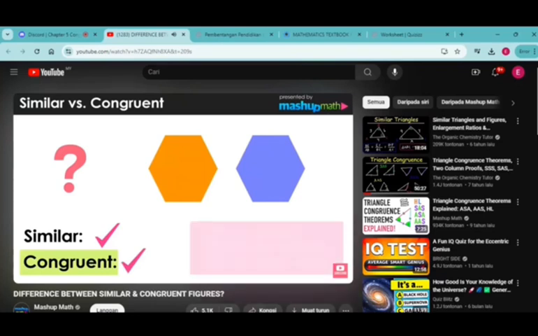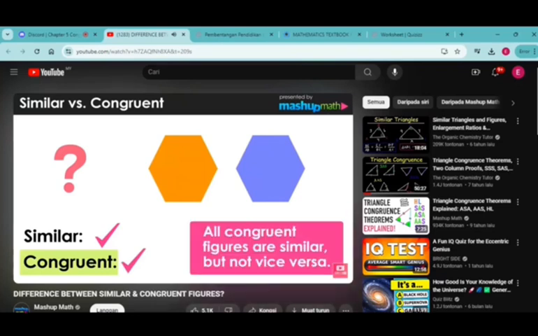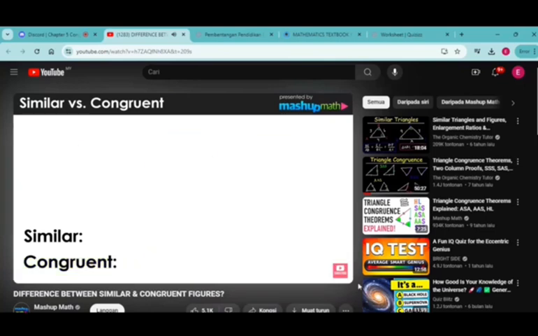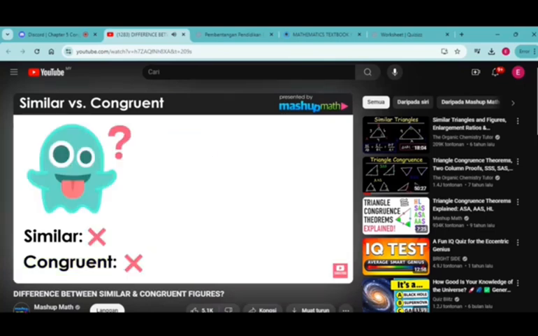So this pair of figures is both similar and congruent, which leads us to the conclusion that all congruent figures are similar, but not vice versa, meaning that not all similar figures are congruent. And there is, of course, the possibility of a situation where two figures are neither similar nor congruent to each other. Can you imagine what that might look like?